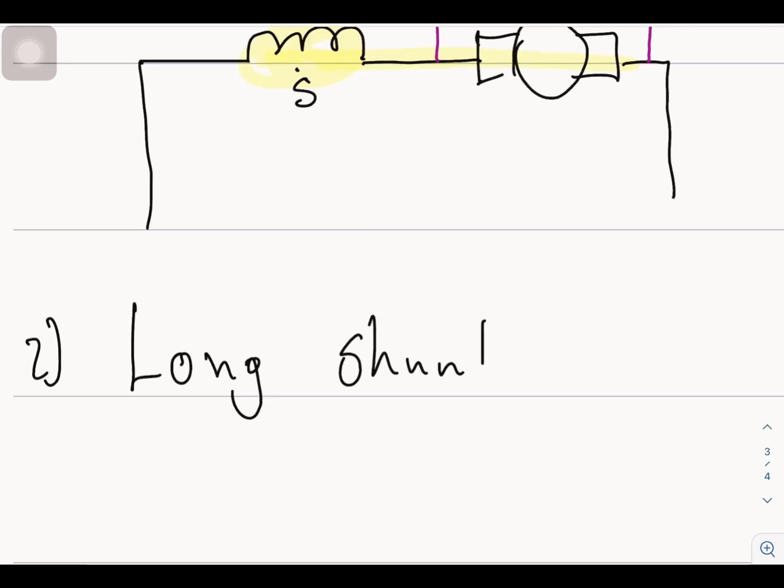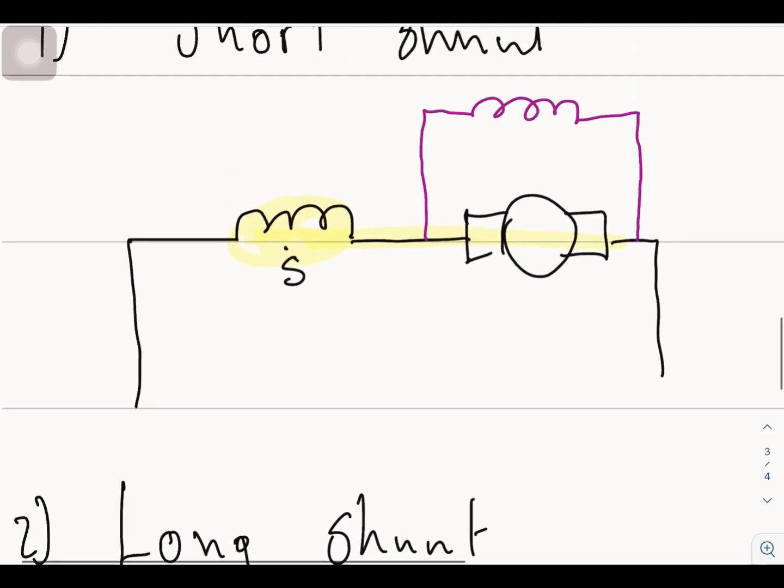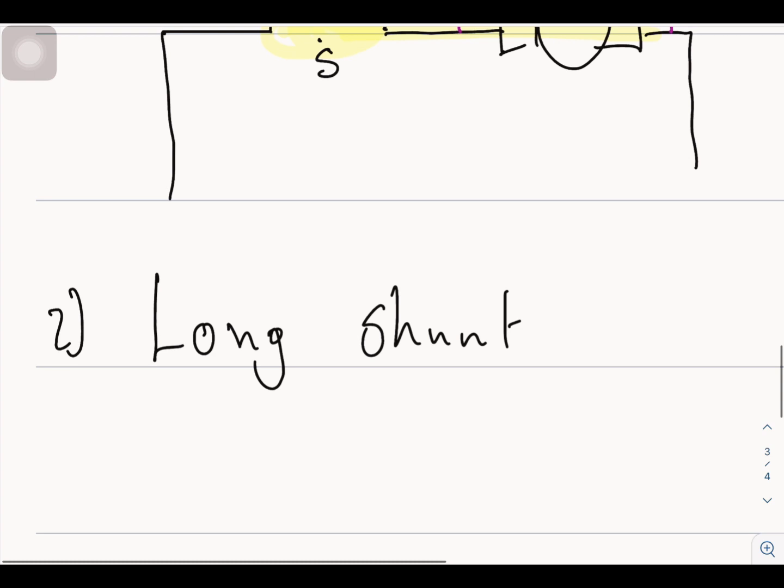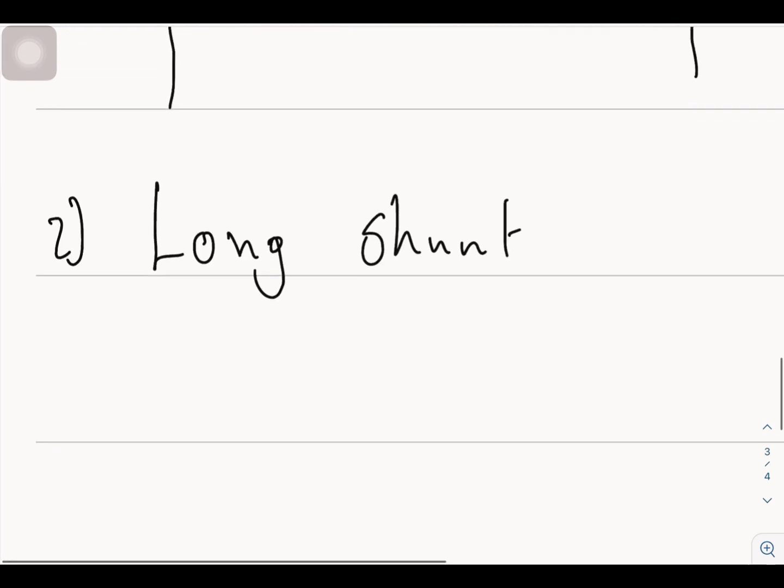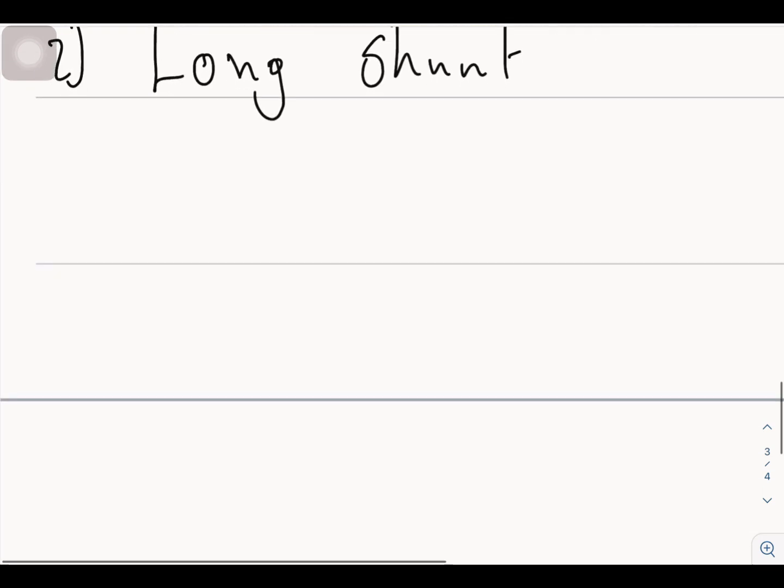After what I've just explained, it becomes clear that a shunt field winding is going to shunt the whole combination.